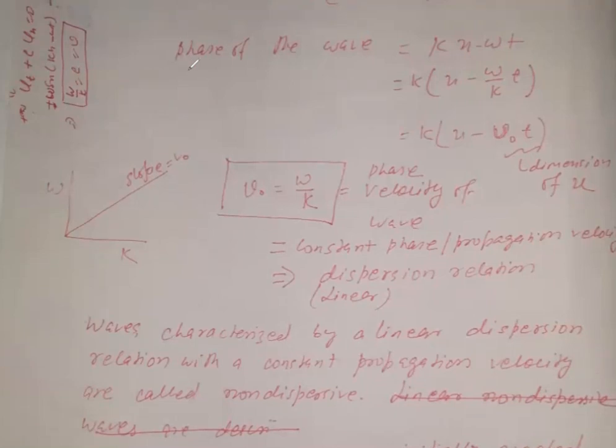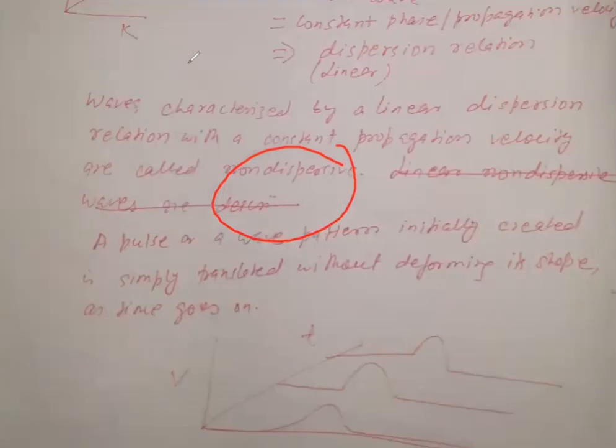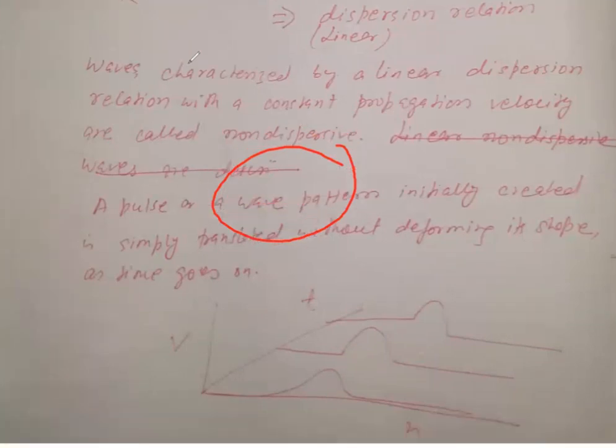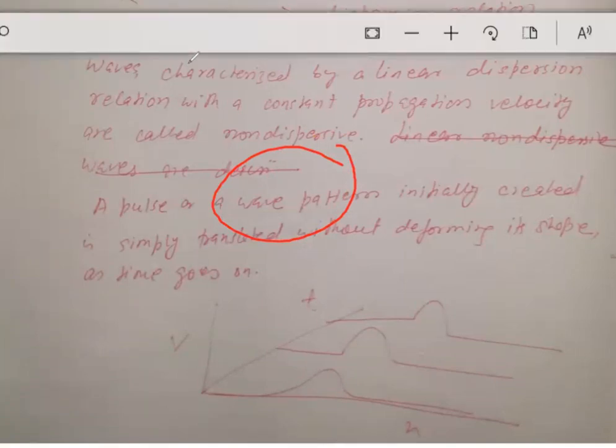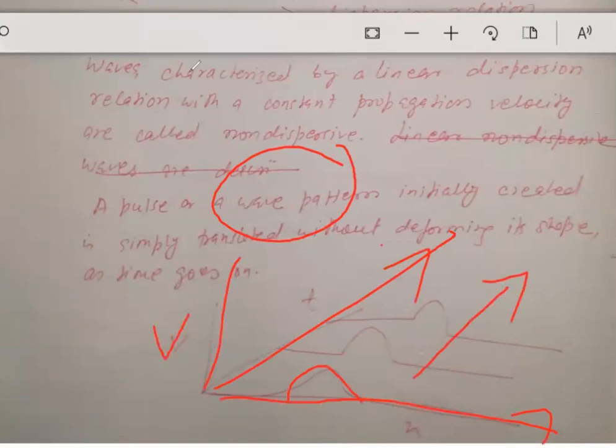So this is the phase velocity. It says that if a pulse or wave pattern initially created is simply translated through without damping and changing its shape as time goes on. So we have x, this is t, and if you have a pulse, it is moving in this direction, and v is its magnitude.